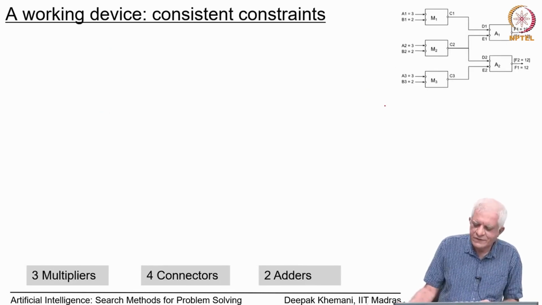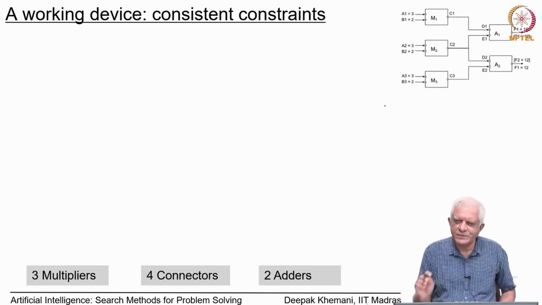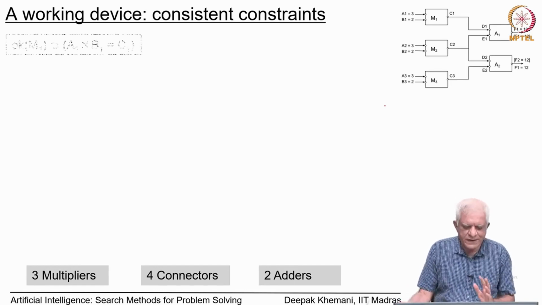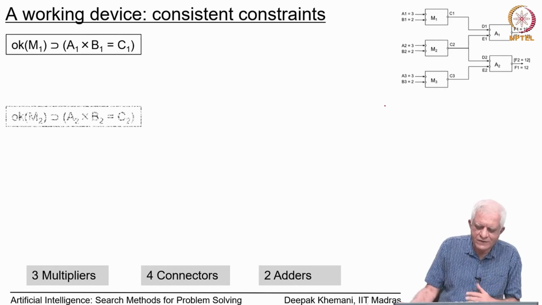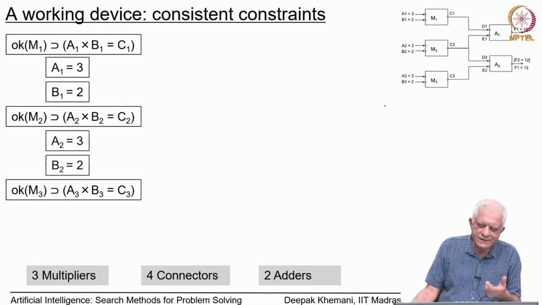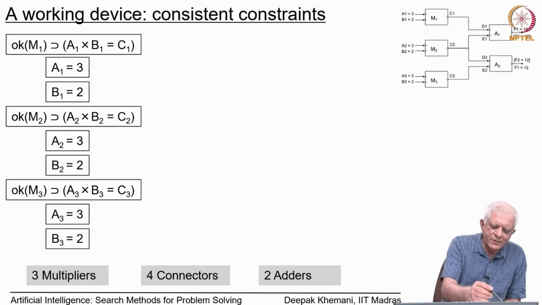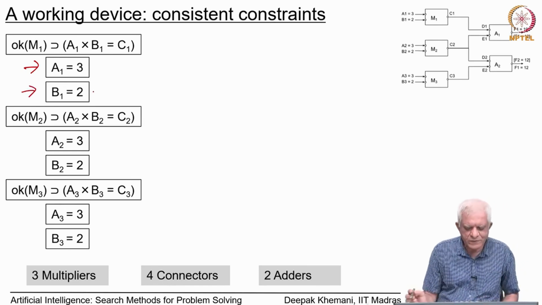Okay. So, let us first express the fact that these are constraints, and we have described these constraints. Let us just put them on one page together. So, how is the whole device represented? The whole device is represented as a set of constraints. So, we have these three multipliers M1, M2 and M3, and each of them is described by the same constraint that we had seen. The inputs are also expressed as constraints, as you can see here, A1 is equal to 3, B1 equal to 2, and so on and so forth.